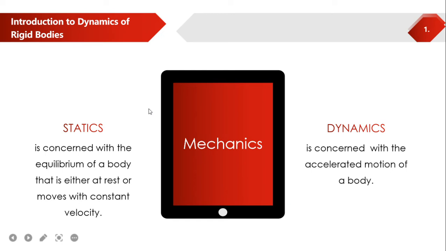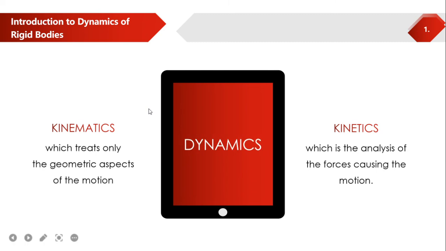Dynamics is subdivided also into two parts, kinematics and kinetics. Kinematics treats only the geometric aspects of the motion. When we say geometric aspects only, we neglect all the forces, what causes this rigid body to move.